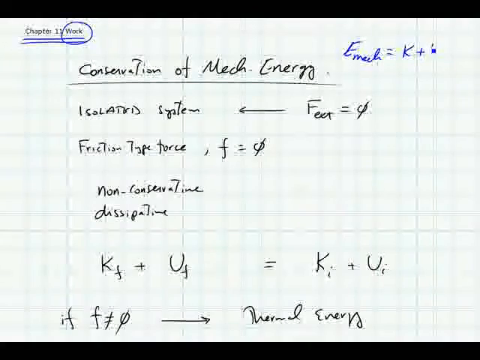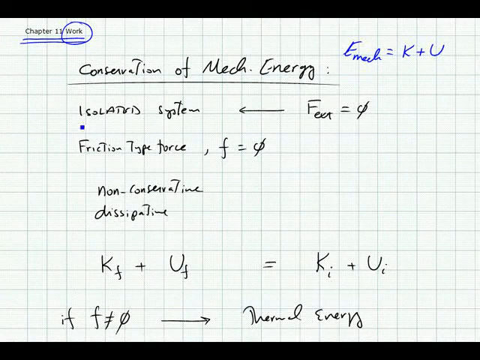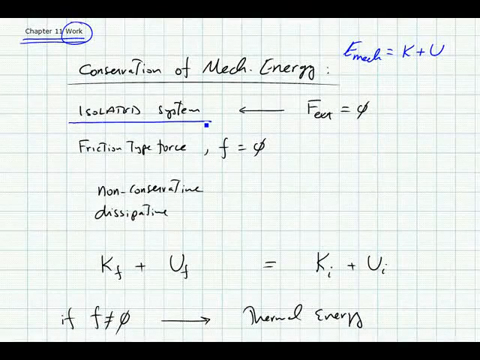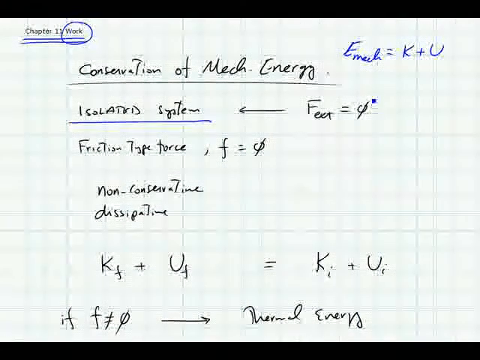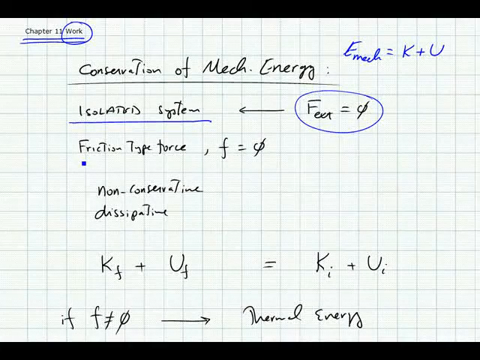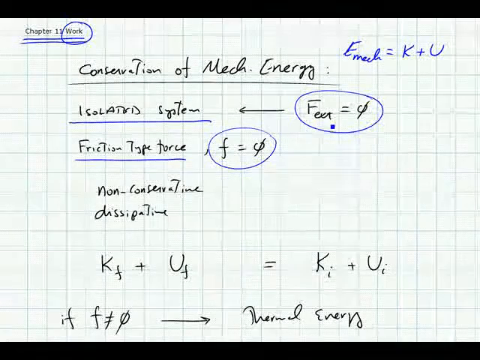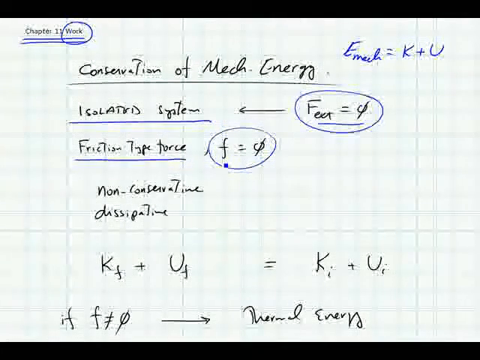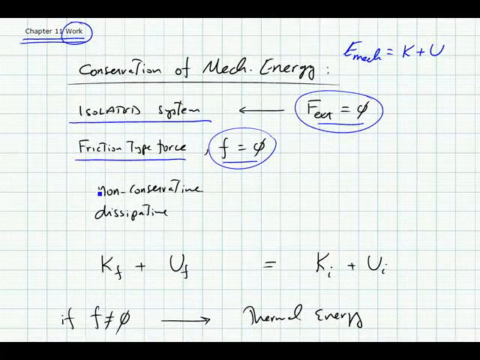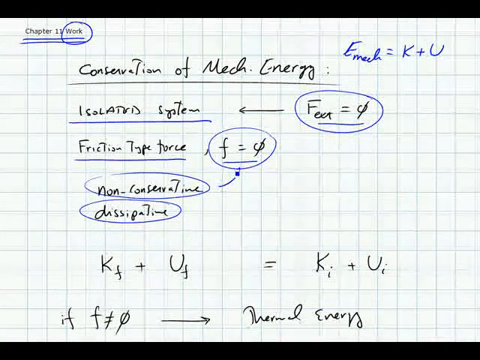of a system plus the potential energy of the system. And we said that if we have an isolated system, that is a system where there is no external force acting on the system, and that friction type forces are non-existent. So F external is 0, and friction type forces, or non-conservative forces, sometimes called dissipative forces, are also 0.